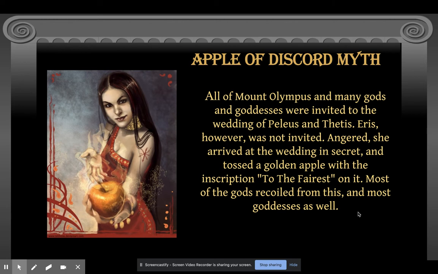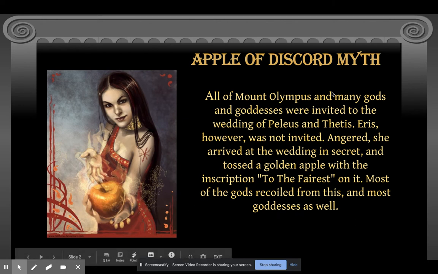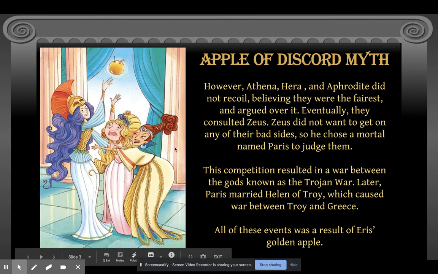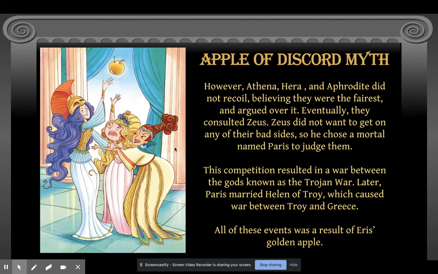She's responsible for when she didn't feel like she was invited to a wedding. She had the golden apple, labeled to the fairest, knowing it would cause trouble and strife among the goddesses. Then you had these three goddesses, Hera, Athena, and Aphrodite, who want this apple. They believe it belongs to them, and they fight over it. They get Zeus to try to decide who the apple belongs to, but he wouldn't. So he had Paris, Prince of Troy, make the judgment, choosing between the three.